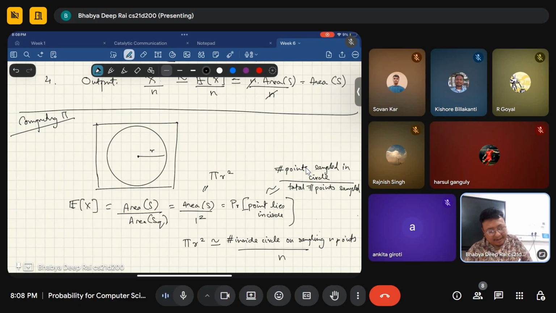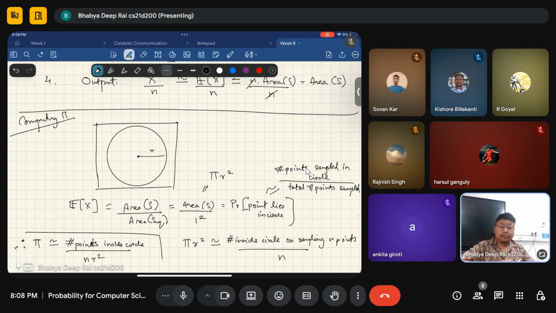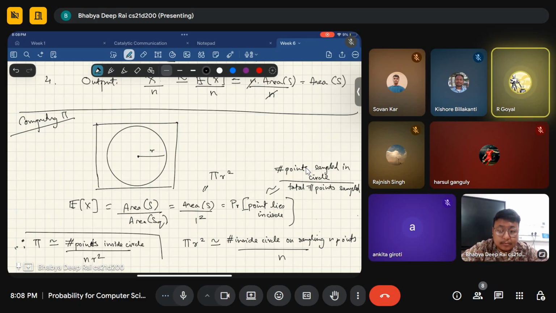And therefore, pi is almost equal to the number of points inside the circle on sampling divided by n r square. We know the value of r square, because we are trying to compute pi.